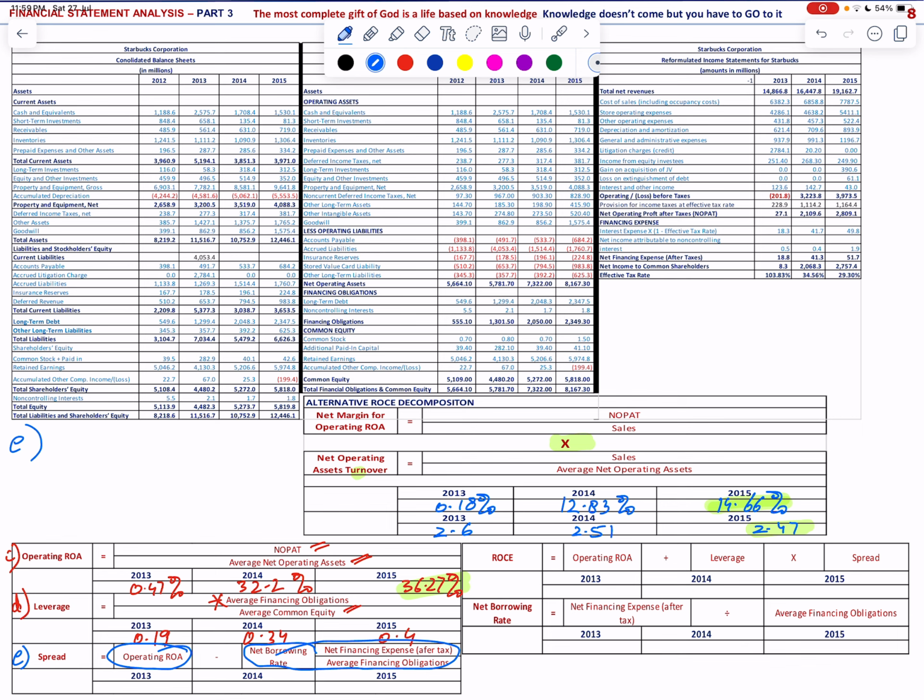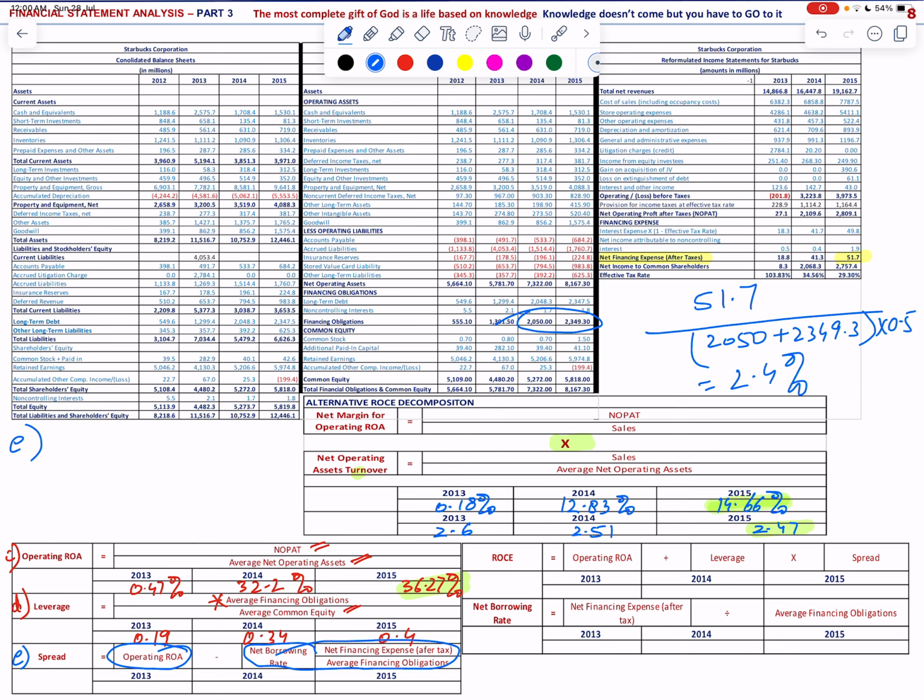How to calculate the net borrowing rate? That will be the net financing expense, that is 51.7 divided by the average financing obligations, 2050 plus 2349.3 multiplied by 0.5, and this will be equal to 2.4%.